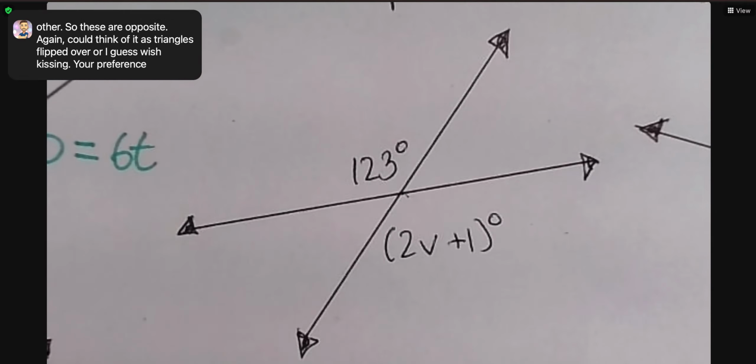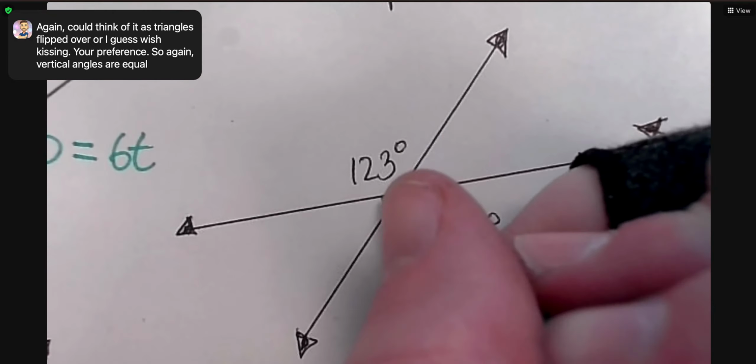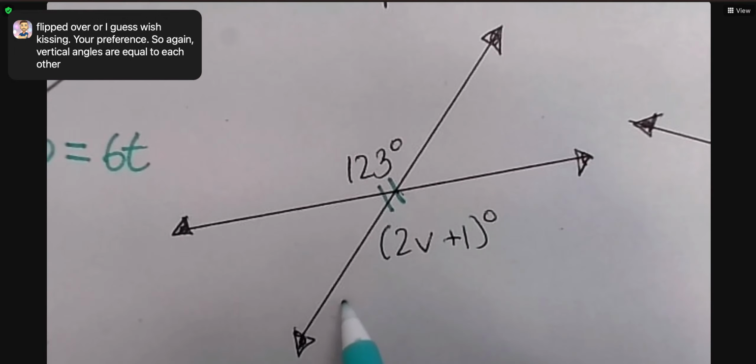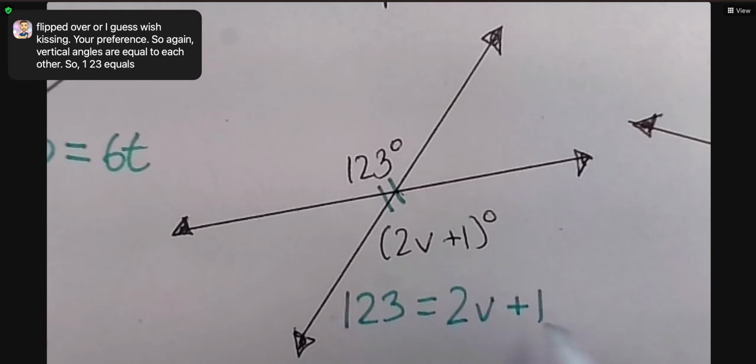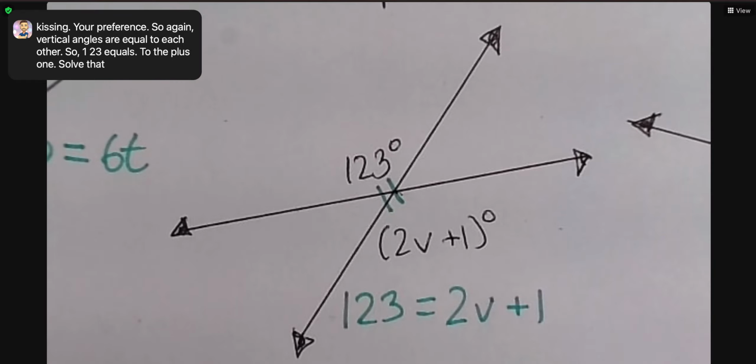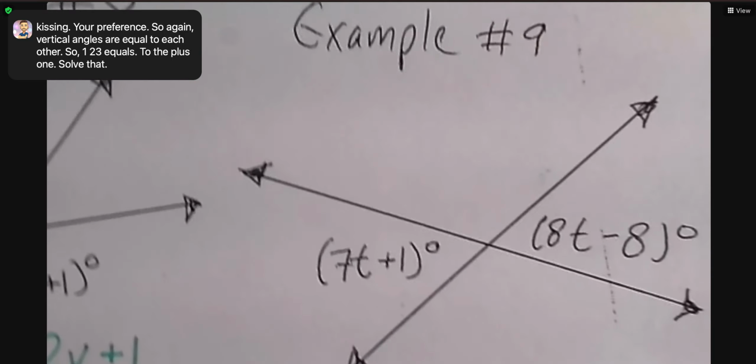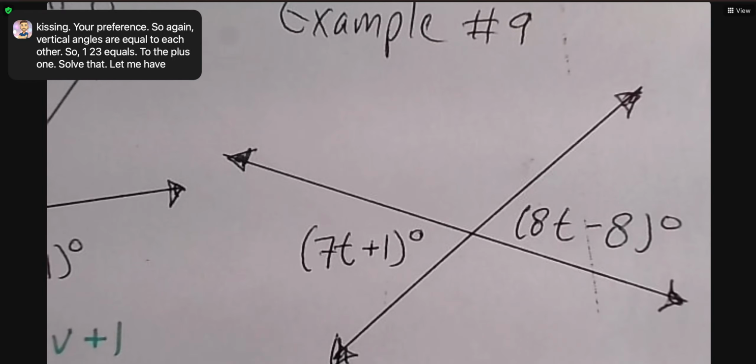So again, vertical angles are equal to each other. So 123 equals 2v plus 1. Solve that. Then we have example 9. Set up and solve this.